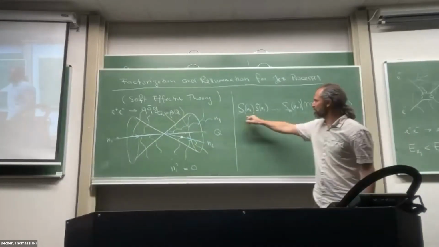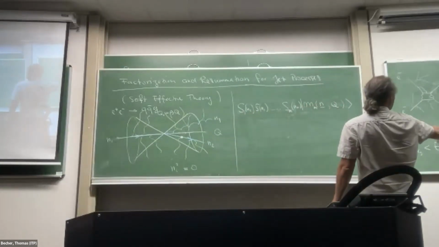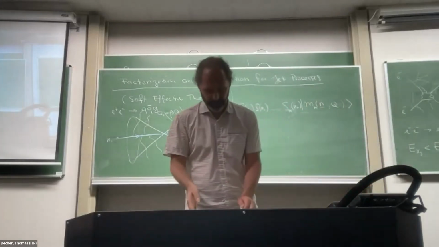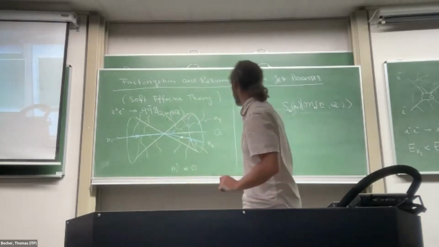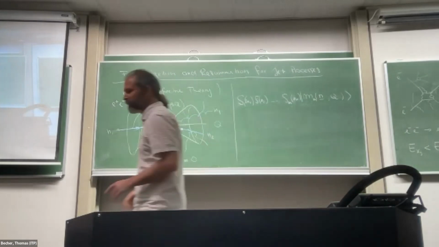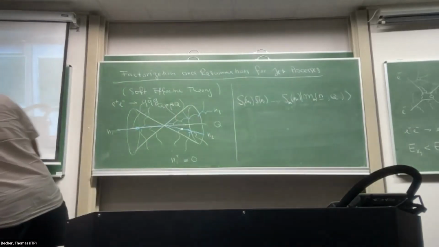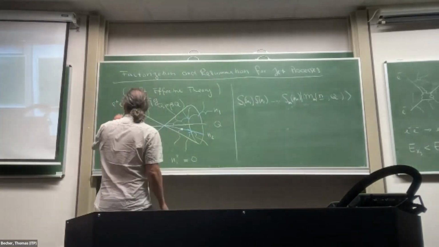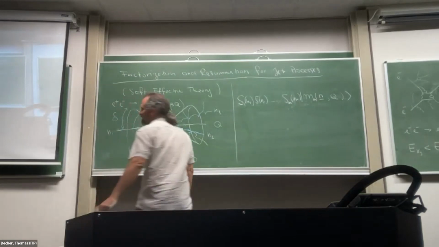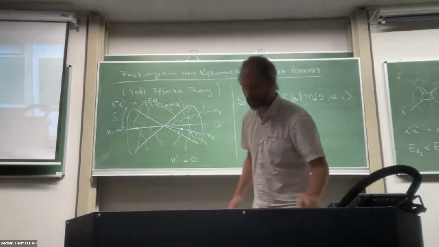And modulo this complication that there are now matrices, it's exactly the thing we derived yesterday. Just for notation, this opening angle, let me call this delta so that it has a name.